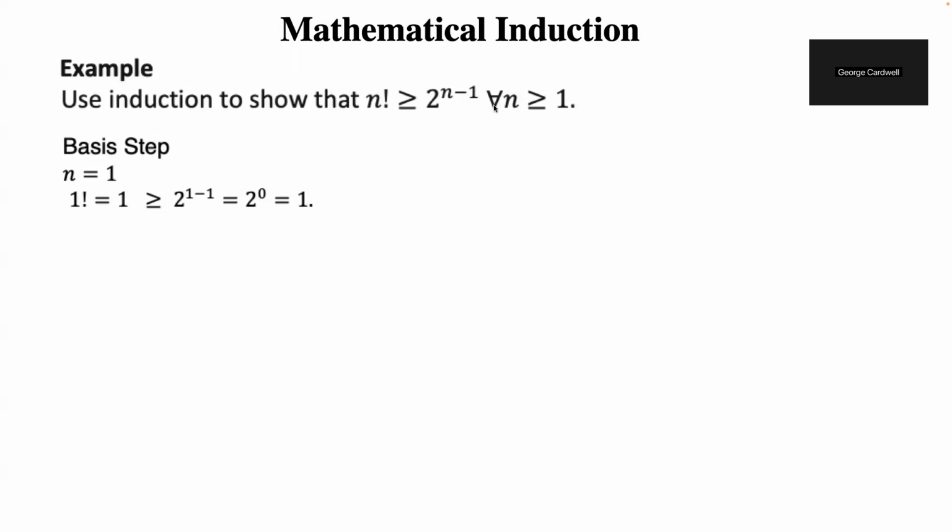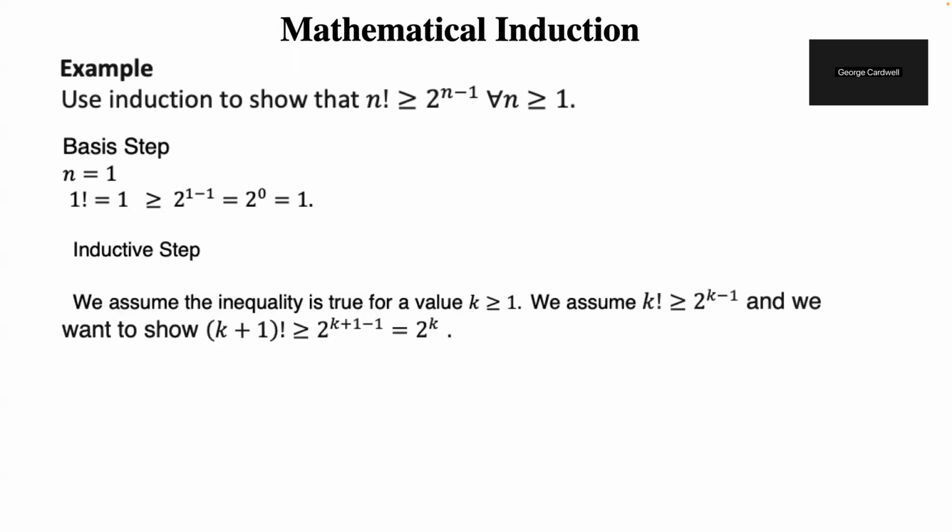Since my statement was for all n greater than or equal to 1, my basis step will start at 1. n equal 1. 1 factorial, as we just showed, is equal to 1. That's going to be greater than or equal to 2 to the 1 minus 1, or 2 to the 0, which is 1. So 1 is greater than or equal to 1. So the basis step, n equal 1, this relationship is true.